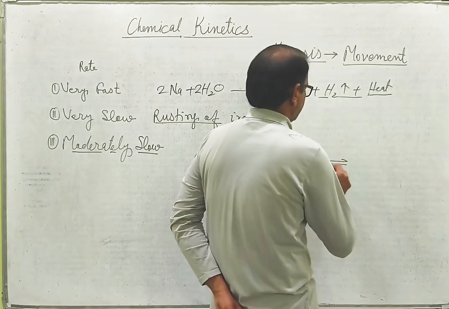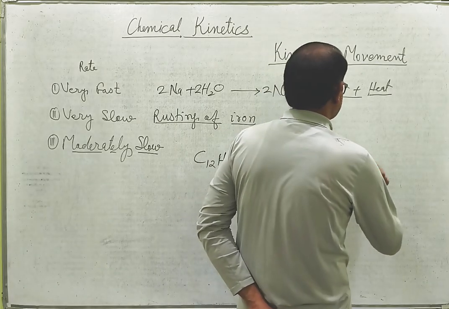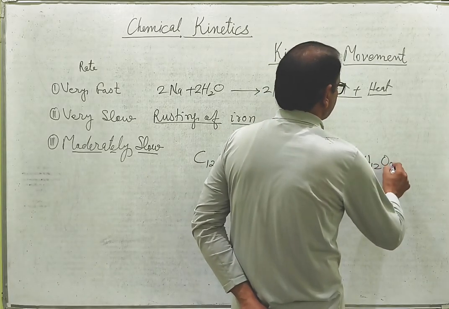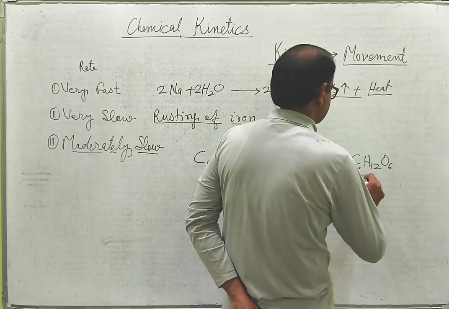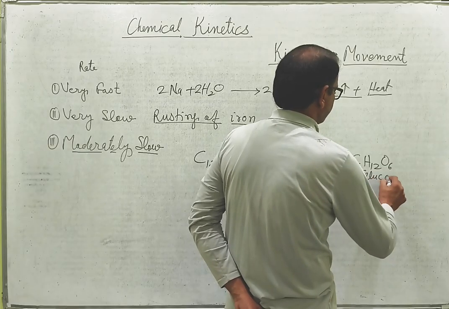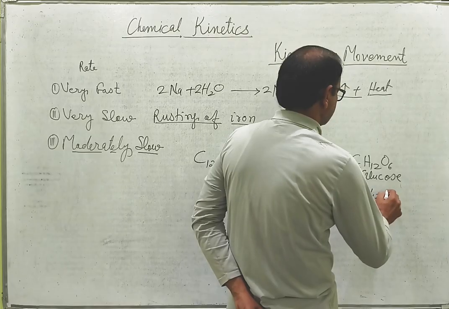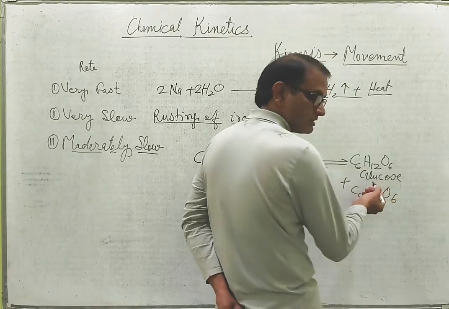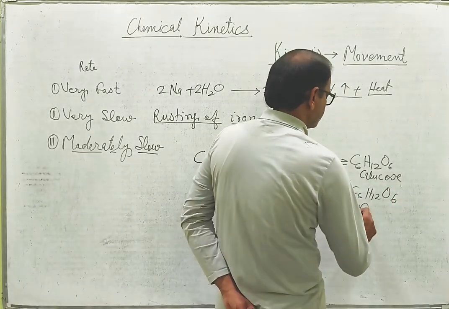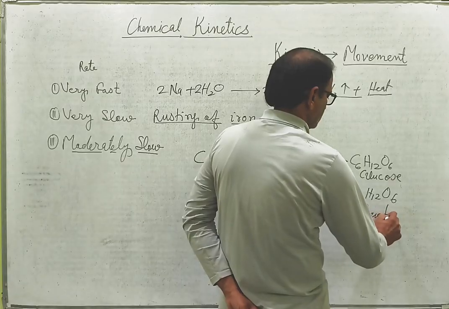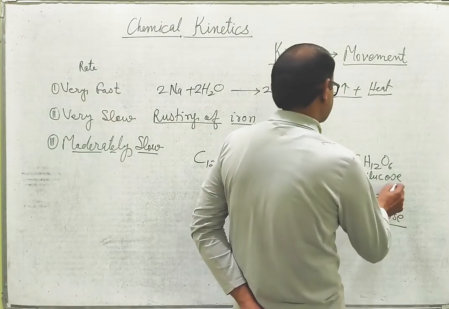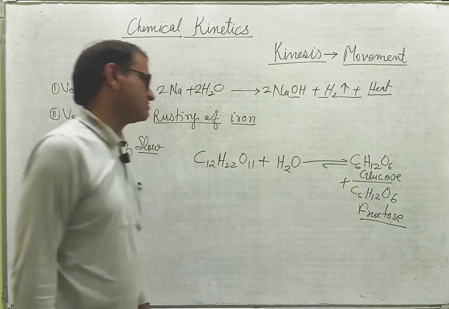We will get C6H12O6, which is glucose, plus C6H12O6, which is another one, fructose. So this is the inversion of cane sugar.